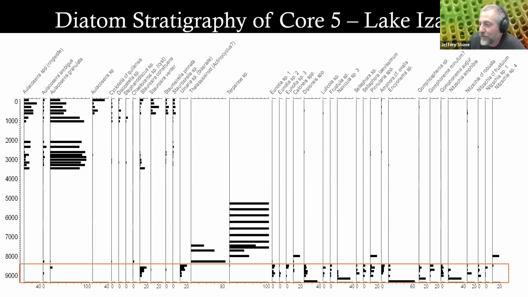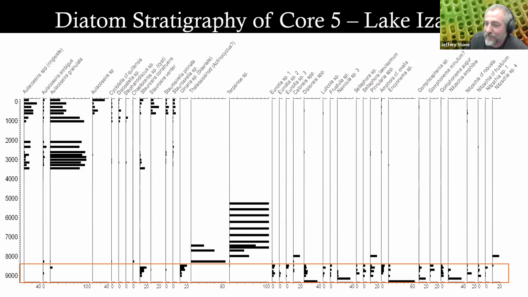And so I'm not always positive whether what I'm seeing is something new or something that may be similar to a species that we see in other places in North America, for example. So I'll try to showcase some of these for you, but I also want you to focus on the types of species that we see in the bottom part of the record. There's a little bit of tychoplankton in terms of Staurosira and Staurosirella, and some benthic species like the Ulnaria, Eunotia, Diploneis, Luticola, Frustulia, Sellaphora, like everything that's down there.